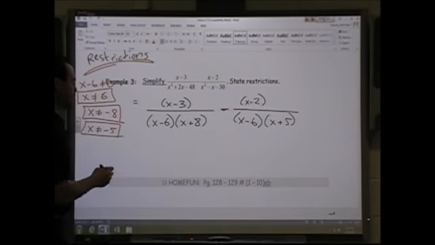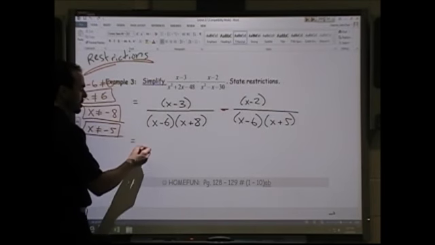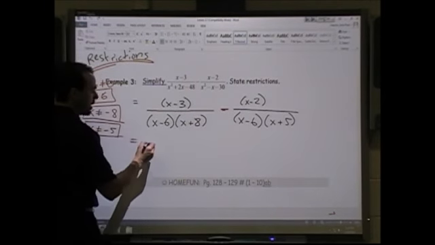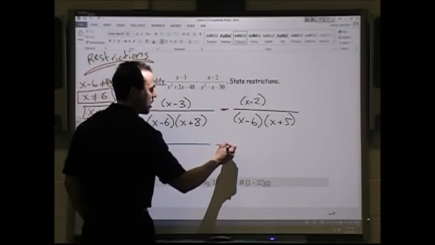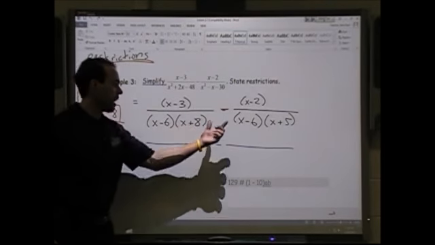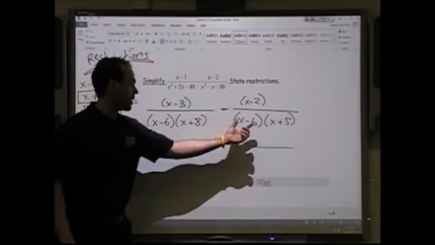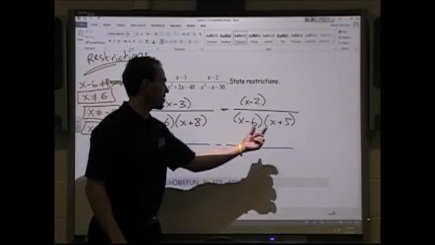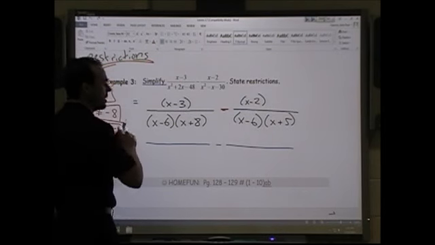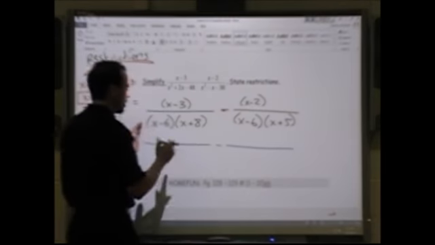And now I have to come up with the lowest common denominator between these two fractions. Notice they already have the x minus 6 in common. What's not the same is x plus 8 and x plus 5. So the lowest common denominator, I know that would be just multiply everything together, so you have 4 things.